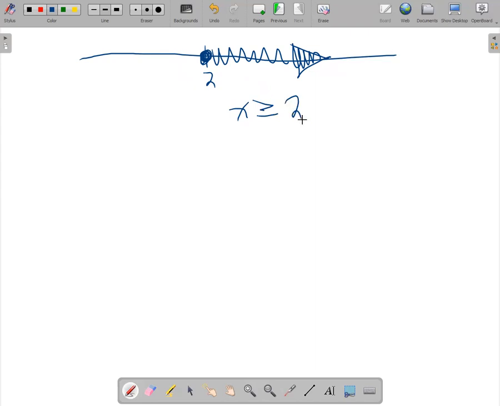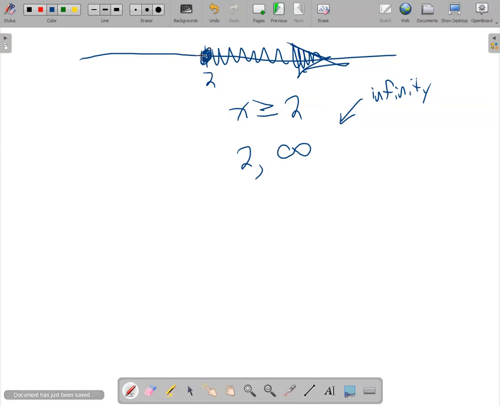For the interval notation, we always write the leftmost number first. So I would put a 2, comma, problem. There is no biggest number on the right. So what we do is we put the infinity symbol, which means go to the right forever on the number line.